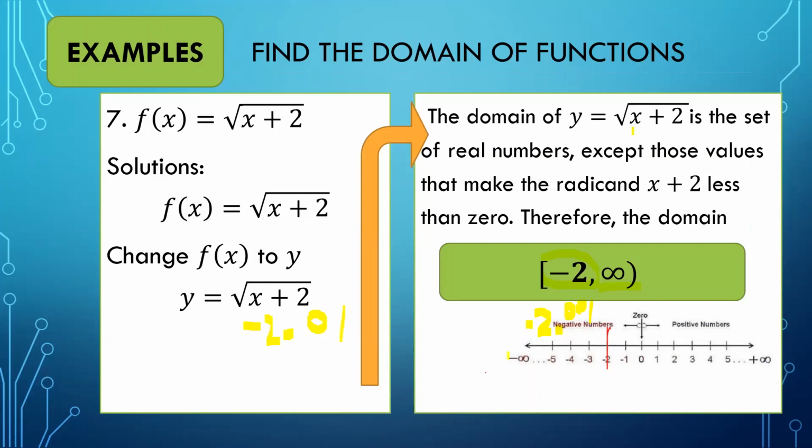So therefore, the domain will be from negative 2 to positive infinity, including negative 2. So it is bounded by negative 2 to positive infinity, and all numbers from negative infinity to negative 2 will be excluded.